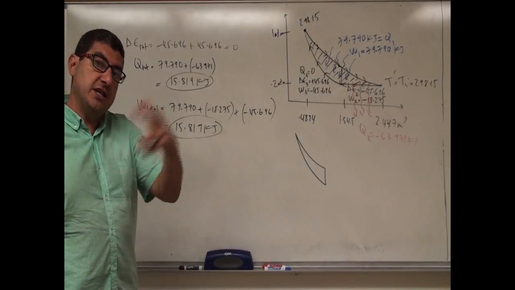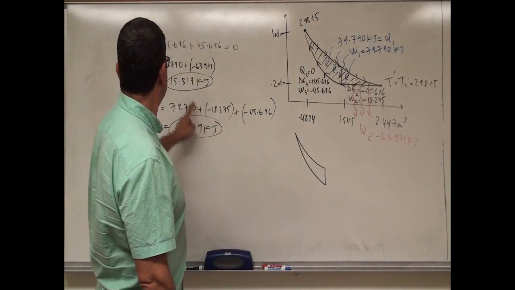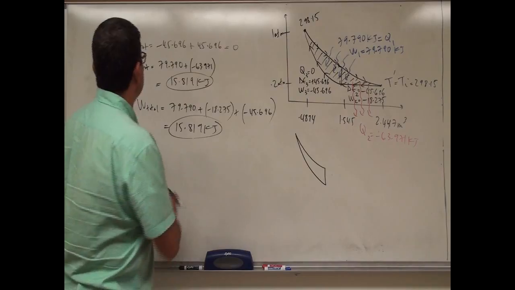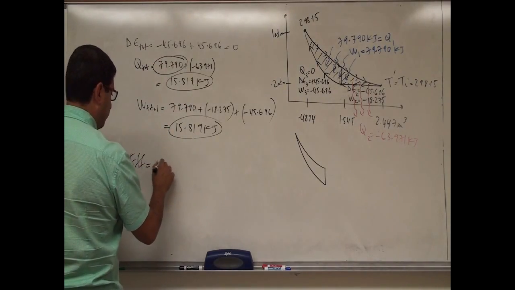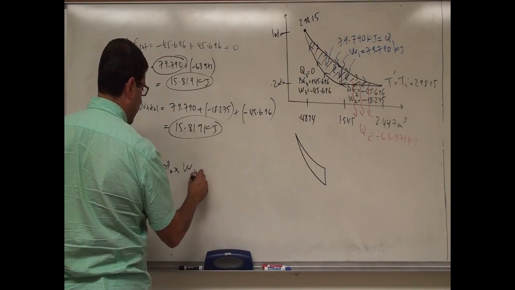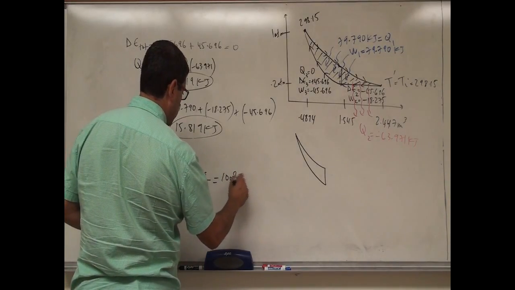But the total heat that I had to put in is also probably more, right? What was the net heat? No, the total heat, the heat that I had to put in was 79, right? So the efficiency is going to be the work done by the gas divided by the heat in, times 100%.